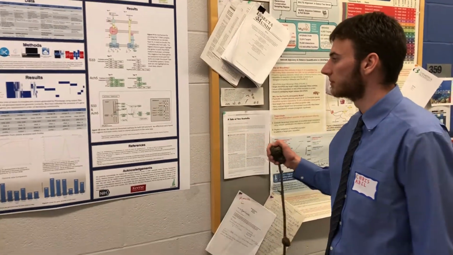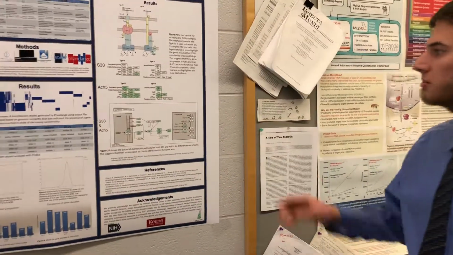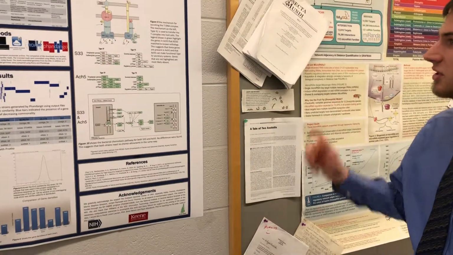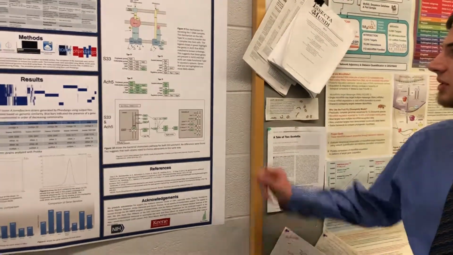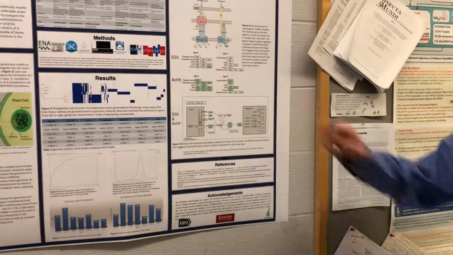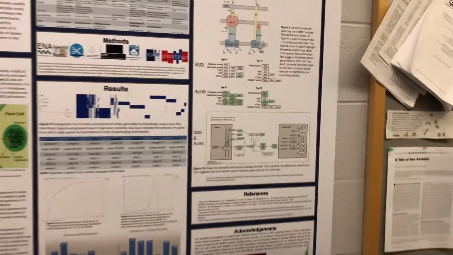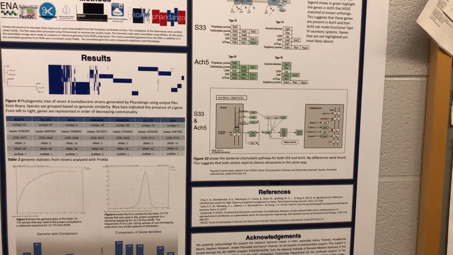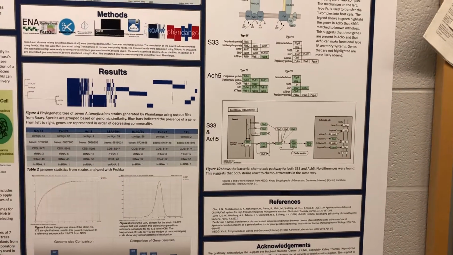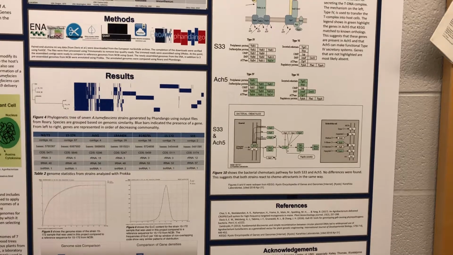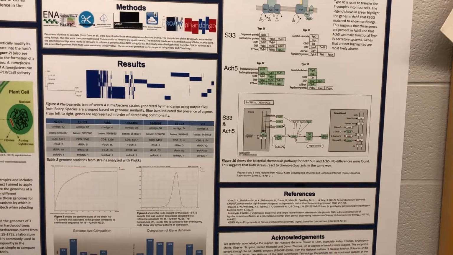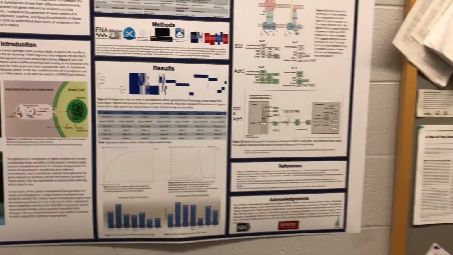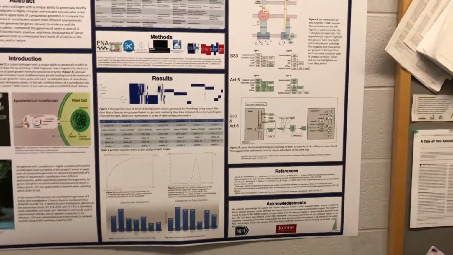So a priori, I predict that this strain would be more effective at transforming plants, and that both of these strains would respond to chemoattractants in the same way. And I have yet to test that hypothesis.